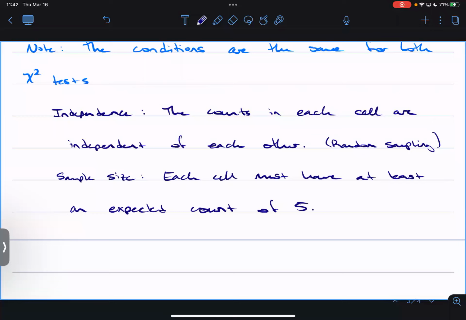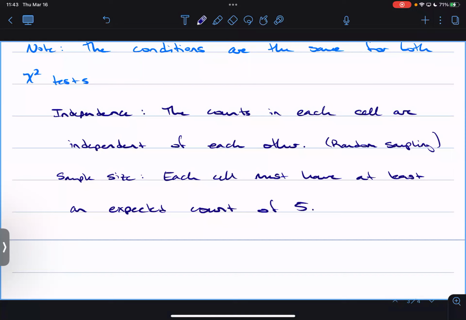Which means that before you do a chi-squared test, you need to find the expected counts before you can check the conditions, right? But then once you have, it'll help you calculate your chi-squared test statistic.